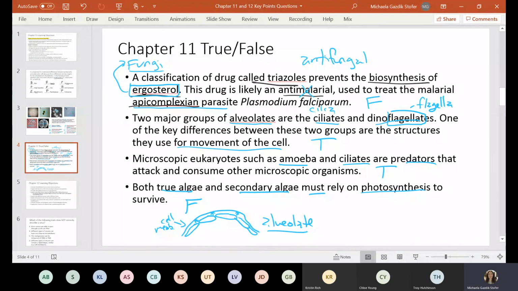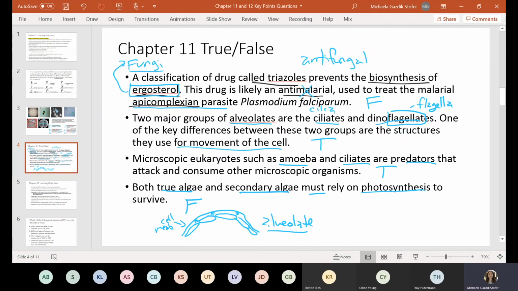But secondary algae became algae because they actually consumed and formed an endosymbiotic relationship with a true algae, a billion years ago. This means that they have the properties of the true algae. They can do photosynthesis, but they were a predator cell before that.